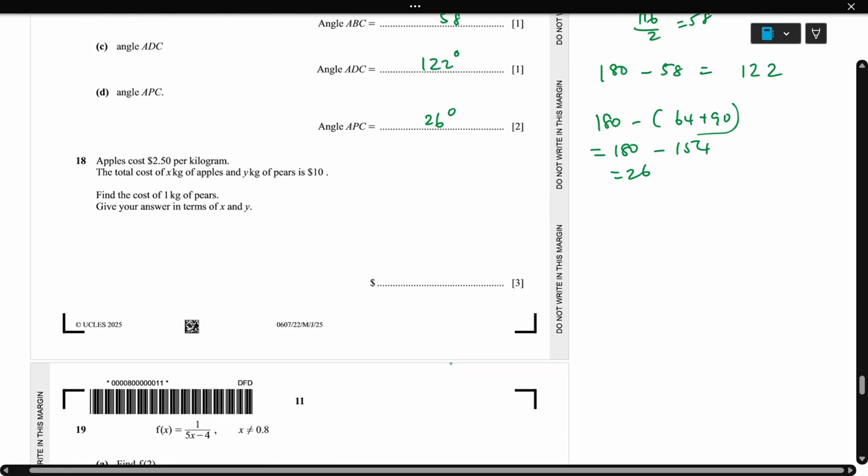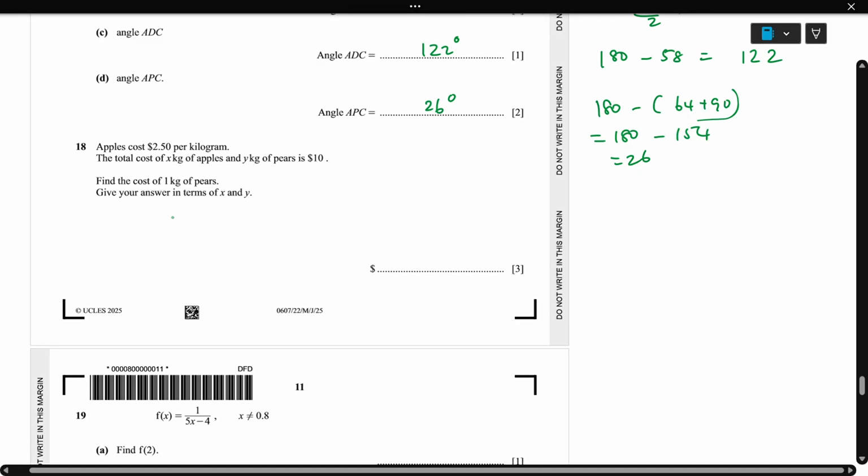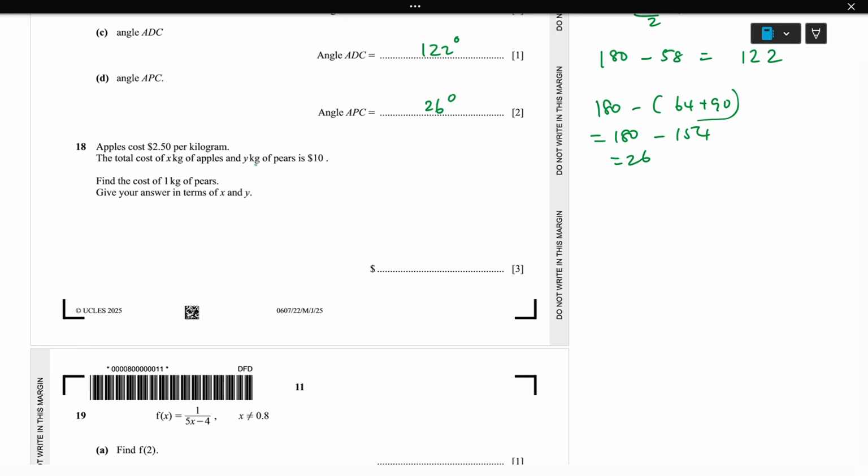Next is question 18. Apples cost 2.50 per kilogram. So the total cost of x kg of apples and y kg of another fruit is 10. So 2.50x plus y equals 10. Make y the subject: y equals 10 minus 2.5x, because 2.5x I bring to the right side.